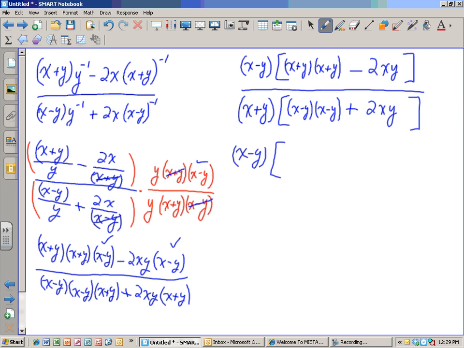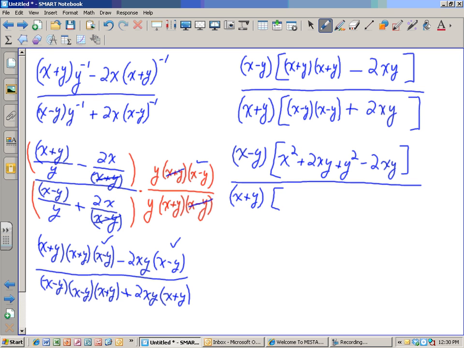X plus y times x plus y gives me x squared plus 2xy plus y squared using FOIL, minus 2xy. In the denominator, I'll do the same thing inside the brackets. I'll square x minus y times x minus y.